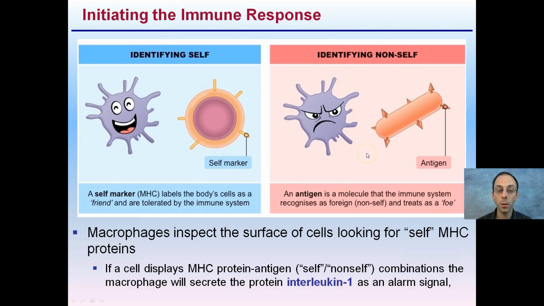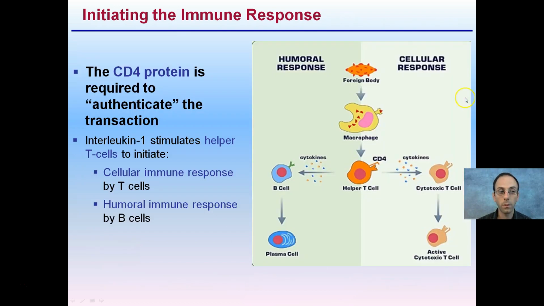Macrophages are the ones responsible for inspecting the surface of cells looking for self-MHC proteins. If a cell displays the MHC protein antigen self-non-self combination, the macrophage will secrete the protein interleukin-1 and send an alarm signal to initiate other cells for this immune response to occur.